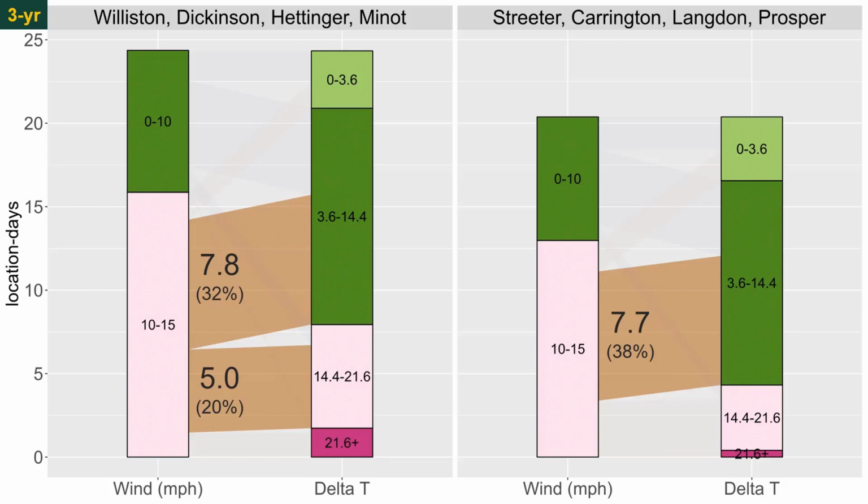It was the equivalent of 5 days, averaged across the 3 years, or 20% of the time where you had both marginally high wind and marginally high Delta T. In the East, it was the equivalent of 3 days in June or July, or 15% of the time, where you had the high wind and the marginally high Delta T. So as an applicator, it would make sense to have strategies in mind to counteract these elevated Delta Ts, because they do make up a considerable portion of the available time you have for spraying.